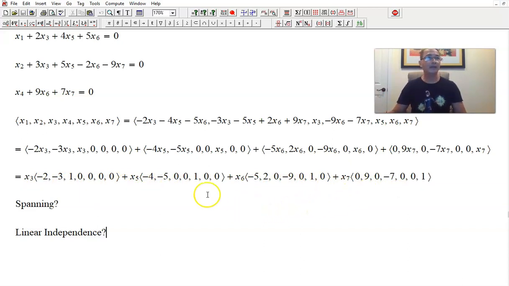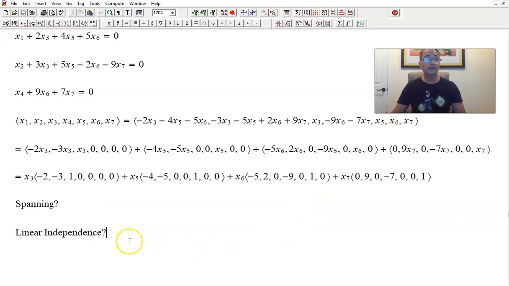Why? Well, this tells us that every solution to the homogeneous system, meaning every vector in the null space, is a linear combination of these 4 vectors. So that tells us these 4 vectors span our null space.